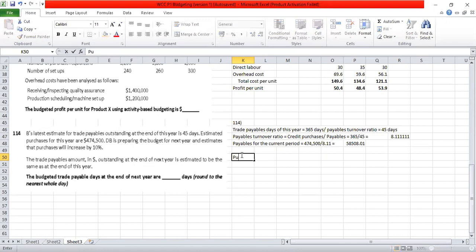So purchases for the next period are equal to 474,500 into 110%, which can be written as 1.1.